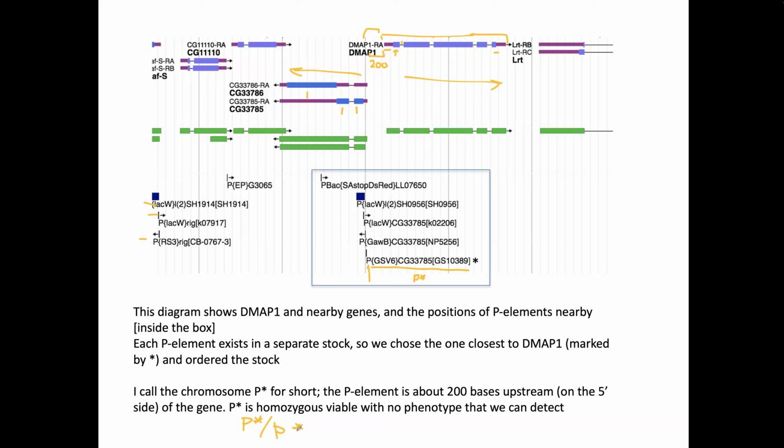And so there's multiple reasons that may be the case. So option one, the P element is sitting there and it's affecting this gene, which is not an essential gene, but somehow it's not affecting this gene, which is an essential gene. That's one possibility. It's maybe not affecting either gene, which seems unlikely because you probably can't see it very well, but it's actually right just barely inside those actual genes.